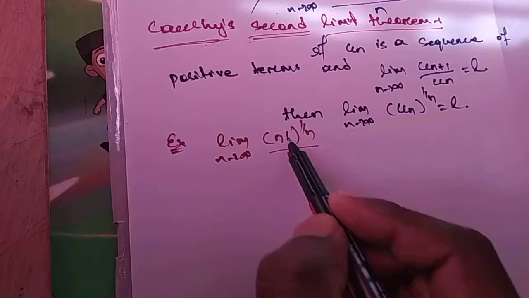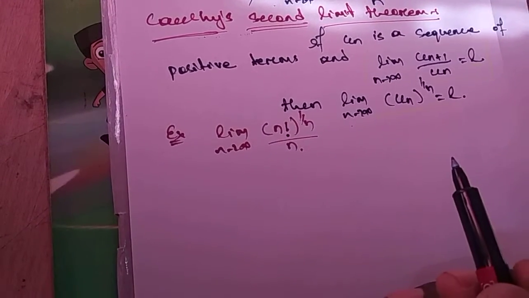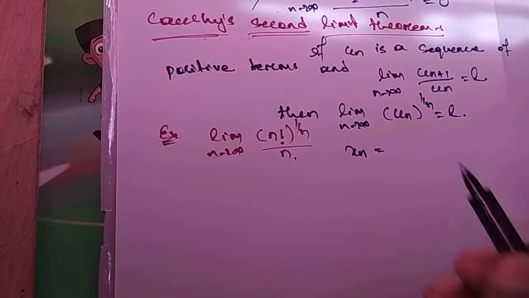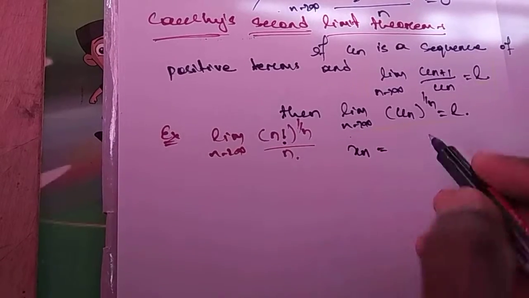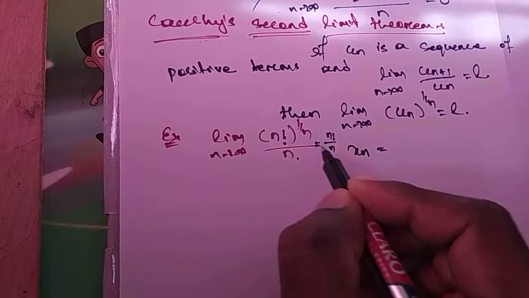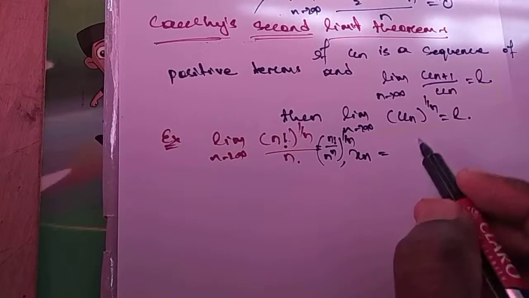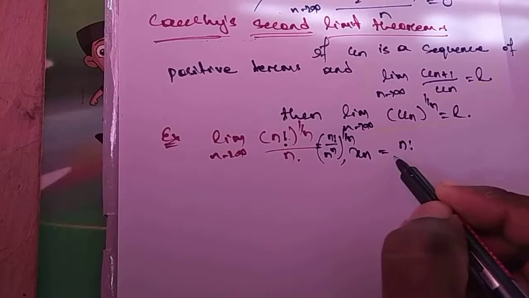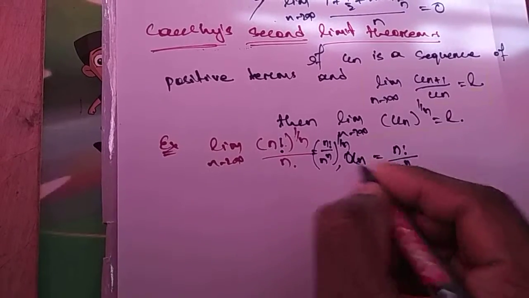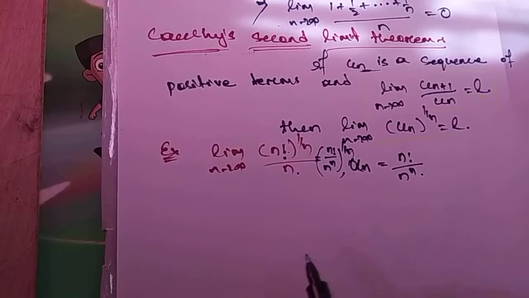Limit n tends to infinity (n factorial) to the power 1 by n divided by n. Clearly we notice that here xn would become (n factorial divided by n to the power n) whole to the power 1 by n, this form. So here we consider un according to our theorem: un equal to n factorial divided by n to the power n.